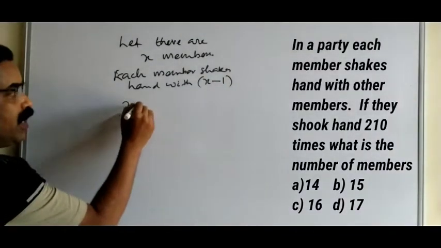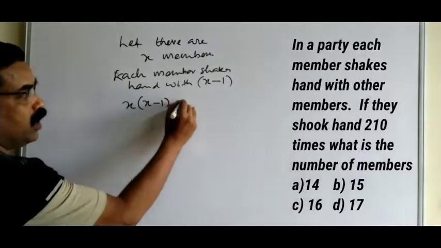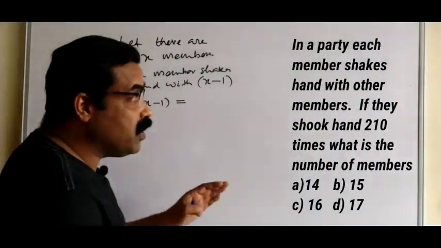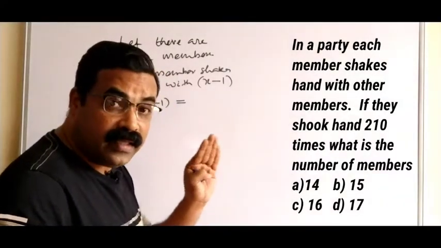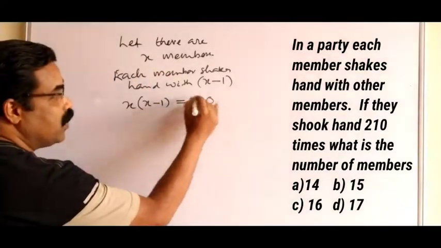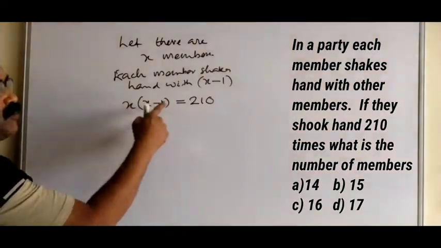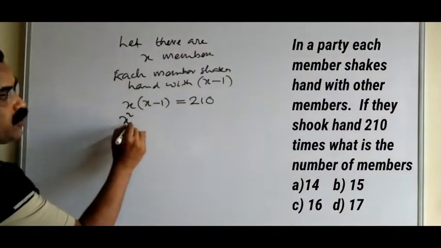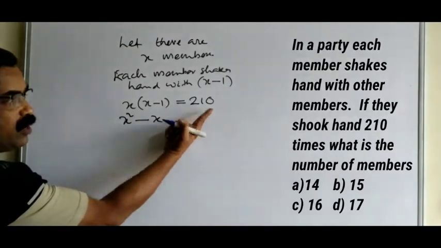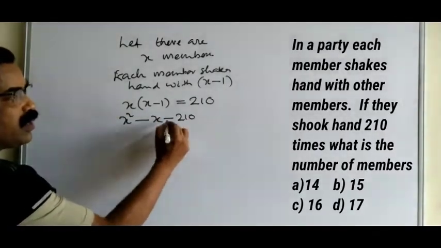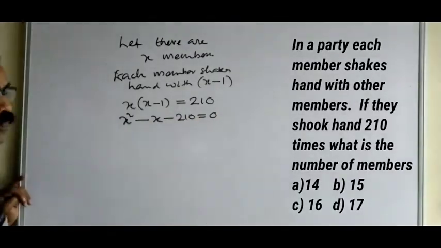That means X into X minus 1 equals, as given in the question, 210 handshakes. So we take 210. Now when you expand this, X into X is X square, X into minus 1 is minus X. If I take this 210 to this side, it becomes minus 210 equal to 0.